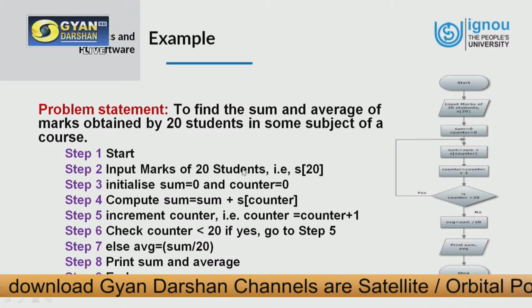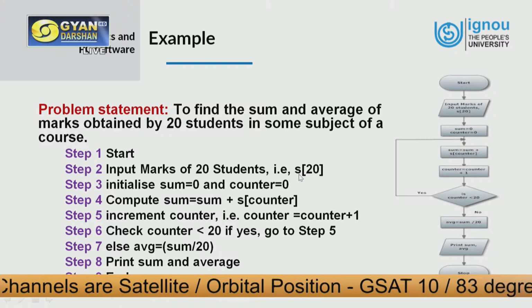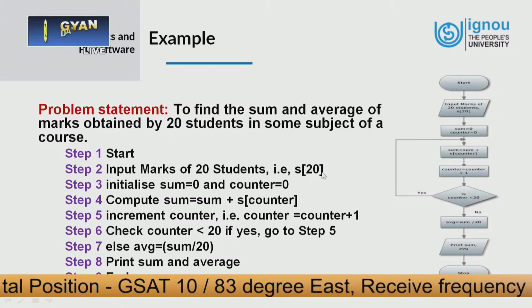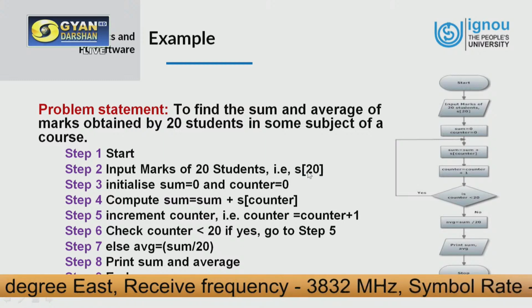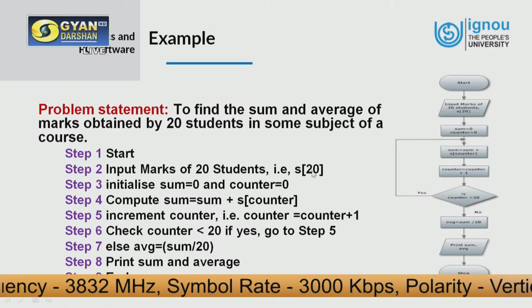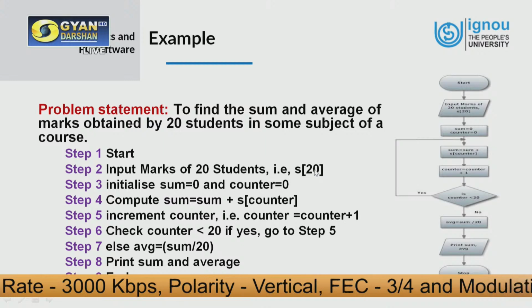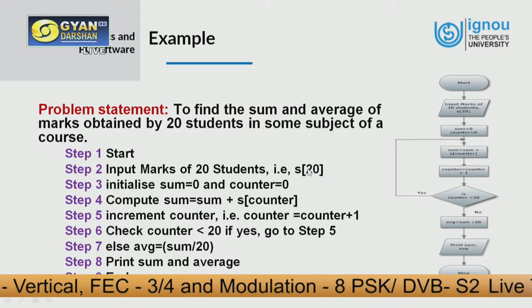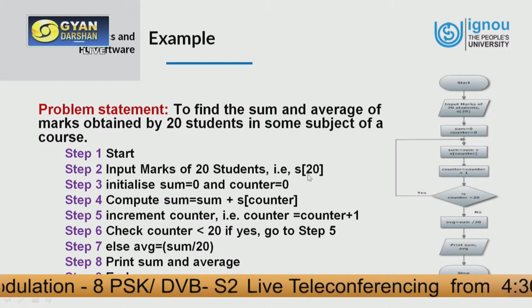Input marks of 20 students, that is, now this is basically an array, where S is the name of the array, and 20 is basically the number of indexes which are possible. So marks of 20 students are being stored into this particular array. And by default, C stores these indexes as 0, 1 till 19. So instead of storing them as 1 to 20, they will be stored as 0 till 19, which is one and the same thing.